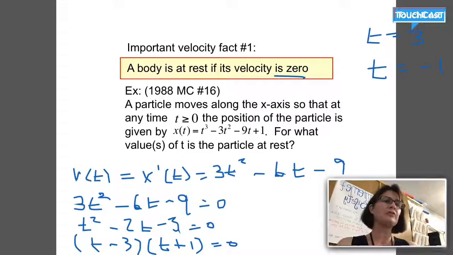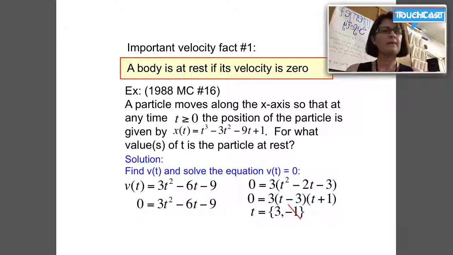My only thing left to do is to notice that the position function I started with is only defined when time is 0 or greater. So I'm going to take t equals negative 1 and cross it out. So my final answer here: the particle is at rest at time t equals 3.